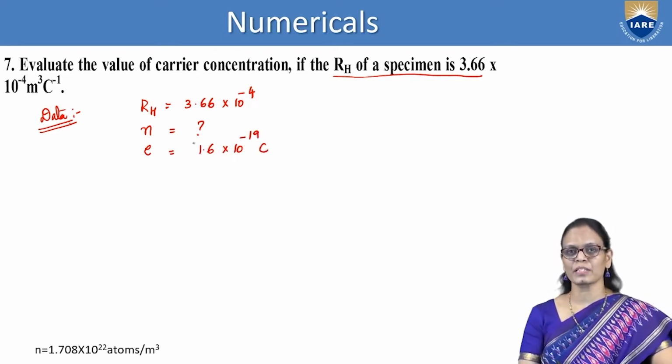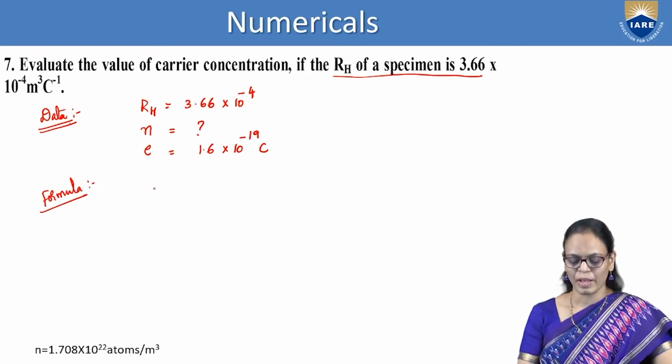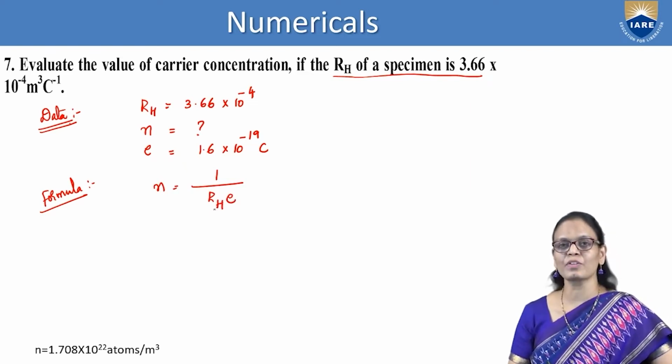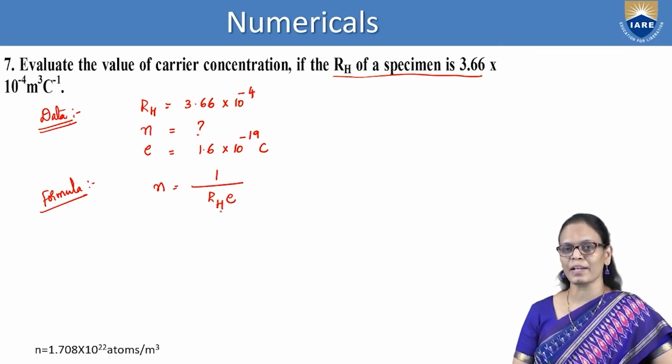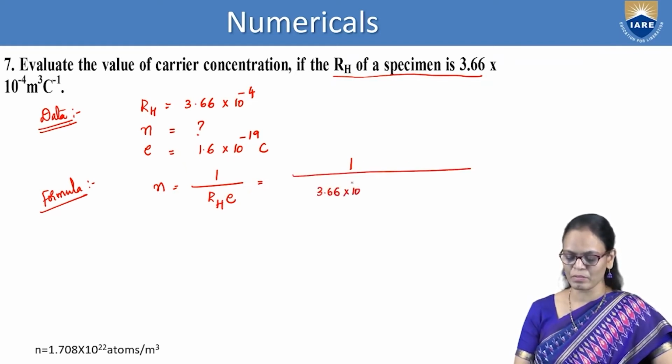So how do we get the value of N? What is the formula? N is equal to 1 upon RH into E. Because we know the value of RH, we know E. So we write N is equal to 1 upon RH into E. So 1 upon RH value is 3.66 into 10 power minus 4 into E is 1.6 into 10 power minus 19.